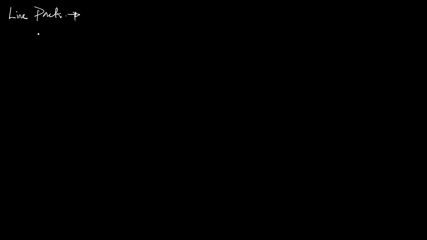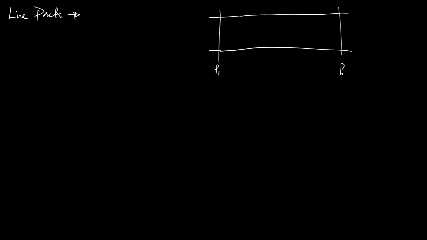So now, let's assume this is a pipeline. Now at this point is condition P1 and this is condition P2. At this point, this is the pressure P1. At this point, this is the pressure P2.